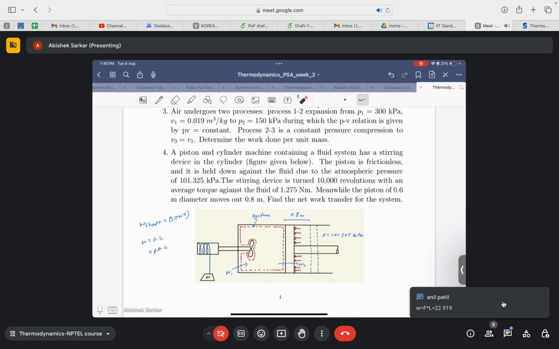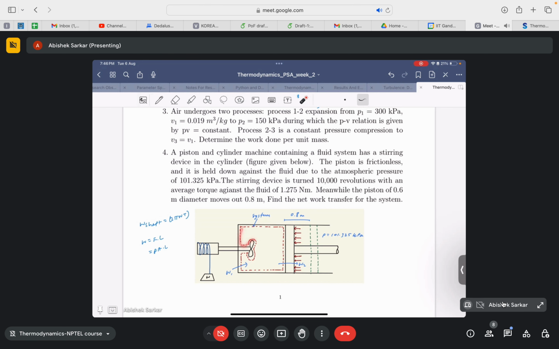Yes, that's correct, but I need the net work interaction. Work is done by the shaft as well, right? To give me the total work interaction in the system. See, if you see the system boundary, the system is not considering the shaft within. So basically the shaft is an external interaction upon the system, where the shaft is supplying work to the system, which is given by this red dotted line.